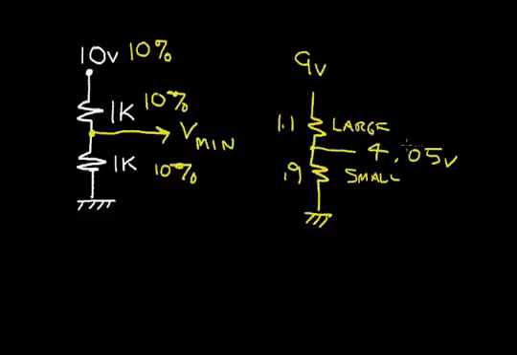Now let's do another calculation. Instead of calculating the min voltage, let's calculate, with the same circuit and the same conditions, the maximum power dissipation in either one of these resistors. Again, we have 10 volts plus or minus 10%. So let's determine the condition for the maximum power.